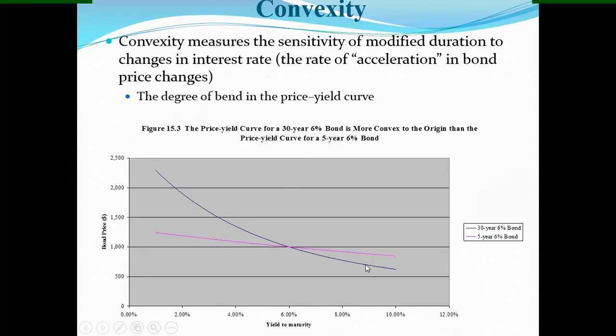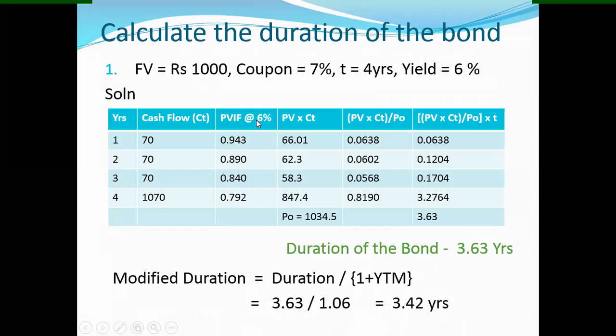The sloping nature of the dark color line that you can see, not the pink one, is what we call the convex nature of the bond. It measures the sensitivity of modified duration to changes in interest rate. It's too premature to tell you all this, so don't worry about these factors. The most important thing is that we'll come to the problem part of it.